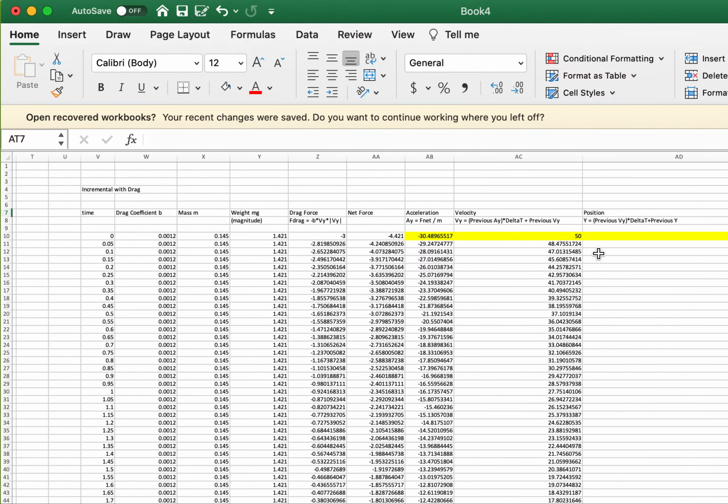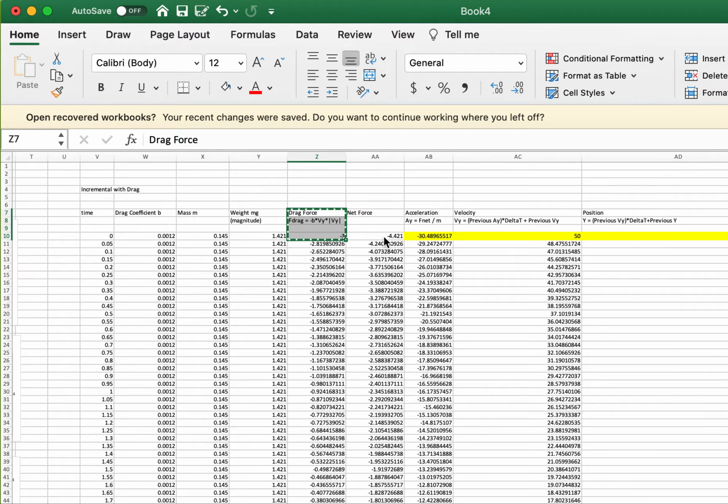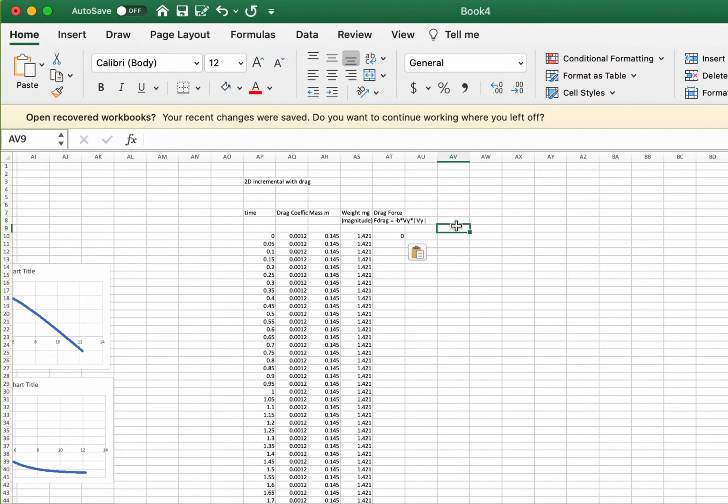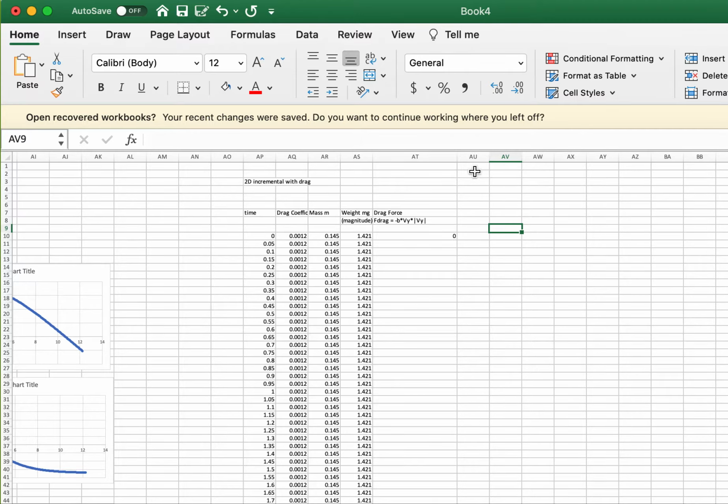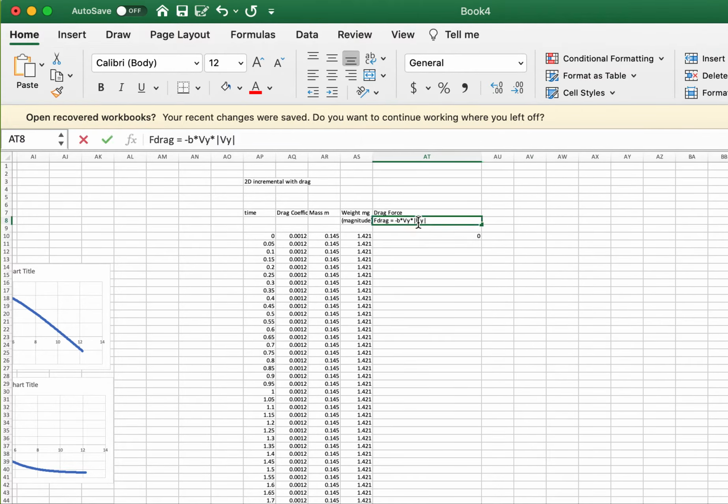But now, when it comes to the drag force, we need a little bit different formula. It's not based on the components anymore. It's going to be based on velocity. So this is a vector drag. Now I'm not going to be able to get a vector into a column because I don't think Excel does vectors.